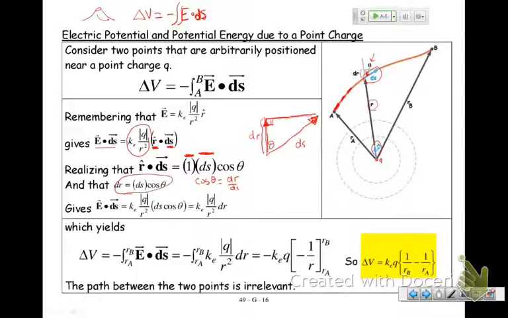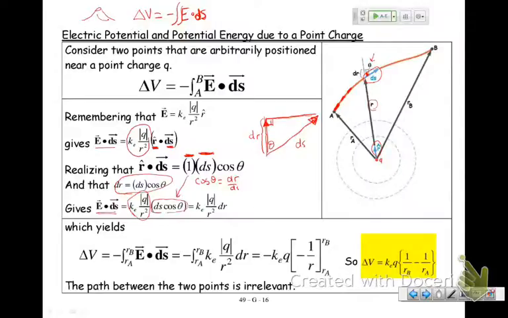So now that means that I can substitute in, and I get E dot ds is equal to k_e q over r squared. That's the magnitude. And rather than putting down r-hat dot ds, I can put 1 ds cosine theta, like I did there.